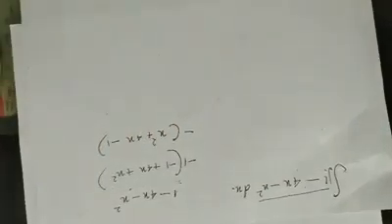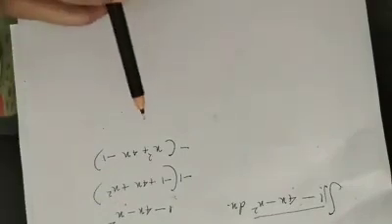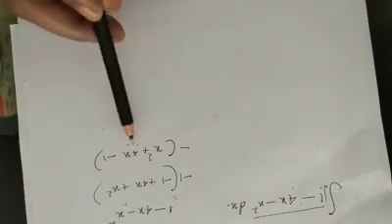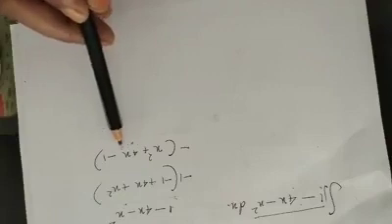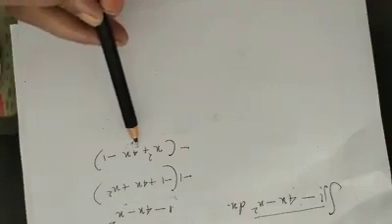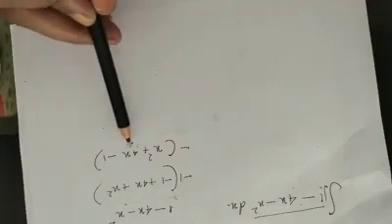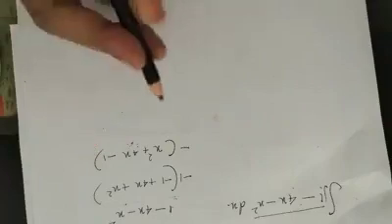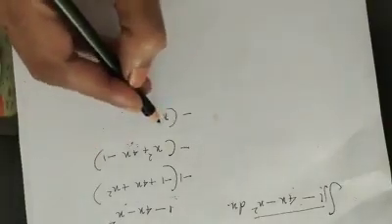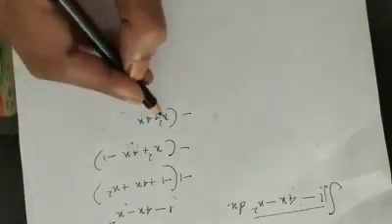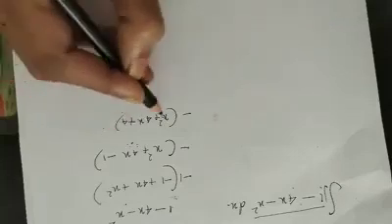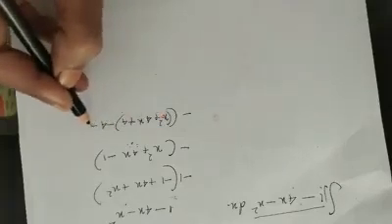Is it okay? Yes. Then add and subtract half of the coefficient of x whole square. What is the coefficient of x here? 4. Half of 4, 2. Then 2 square, again 4. That is adding, after x square plus 4x, adding 4, then subtracting 4.